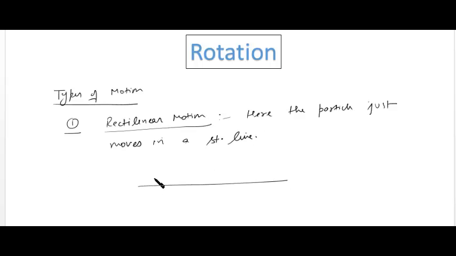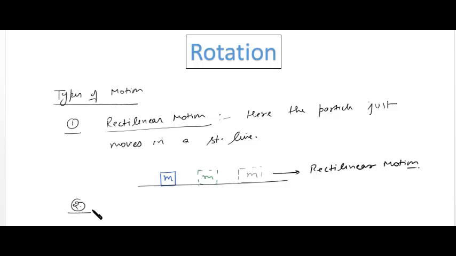For example, say some block of mass m is moving to different positions like this, as you can see here. So this particle is performing rectilinear motion in this direction. This is rectilinear motion.